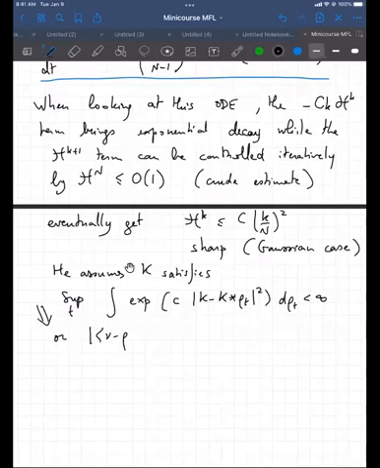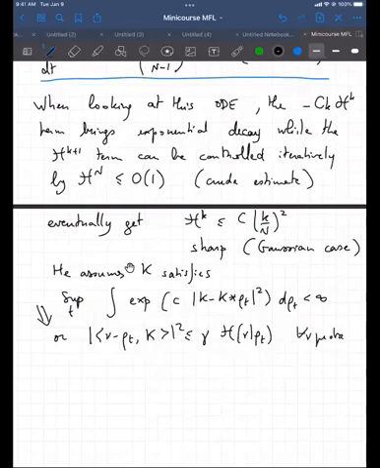So this one is weaker. So for every probability nu, you want the difference between nu K and rho t K to be controlled in terms of the relative entropy.